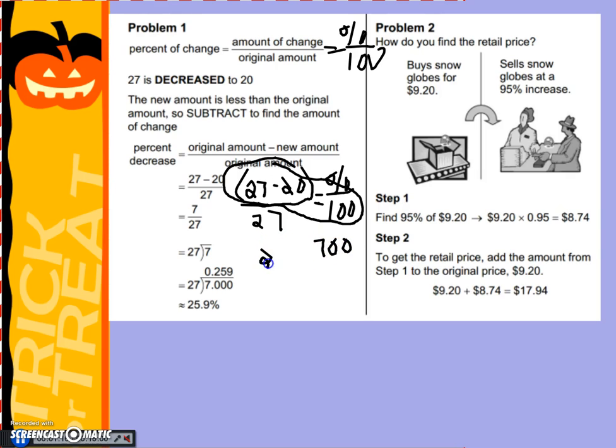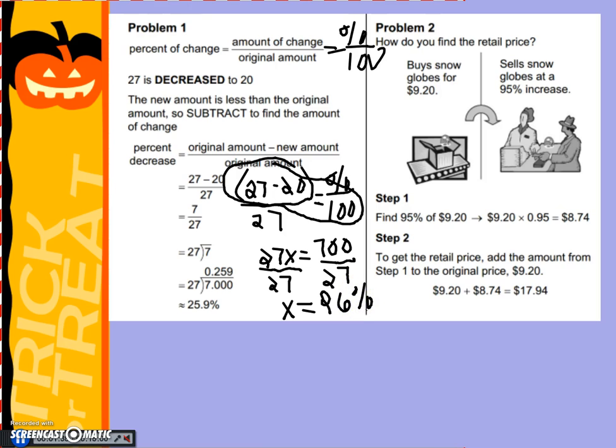And then you are going to divide both sides by 27. When you divide both sides by 27, you're going to get 25.9. However, we're going to round to the nearest whole percent, which is going to be 26%.